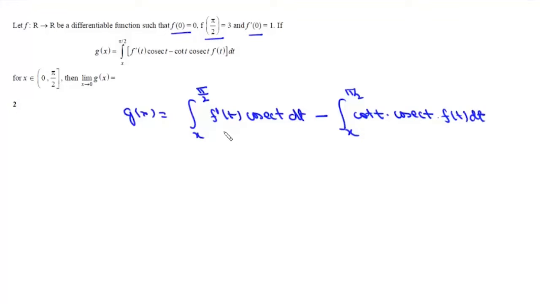Now what we'll do is we'll solve this question taking cosec t as the first function and f'(t) as the second function.